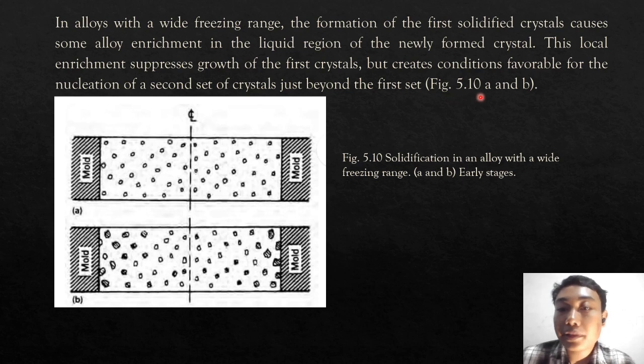Picture 5.10, A and B. Picture 5.10: solidification in an alloy with a wide freezing range. A and B are the stages.